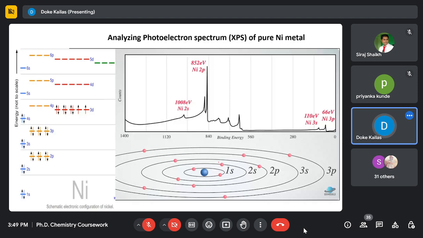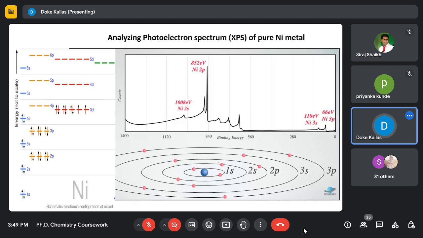X-ray cannot penetrate up to the core shell electron, and therefore the binding energy of that core shell electron is greater than the incident energy. If the binding energy is greater than the incident energy, then it will not be observed in the XPS spectrum.